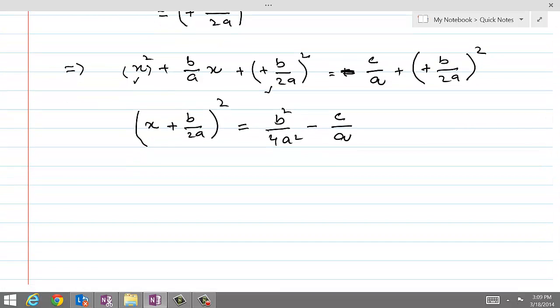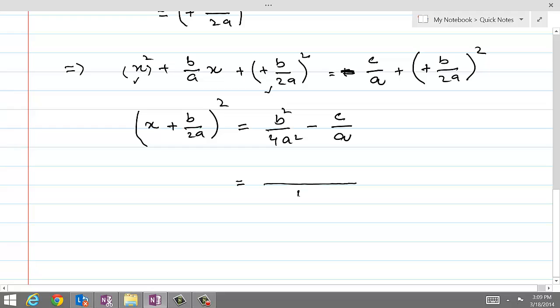Now we are going to take the LCM on the right hand side. Here the LCM would be 4a square, and the numerator is b square minus 4ac. The way this LCM works is that we write the first denominator 4a square as factors, 2 times 2 times a squared, and the second denominator is a.